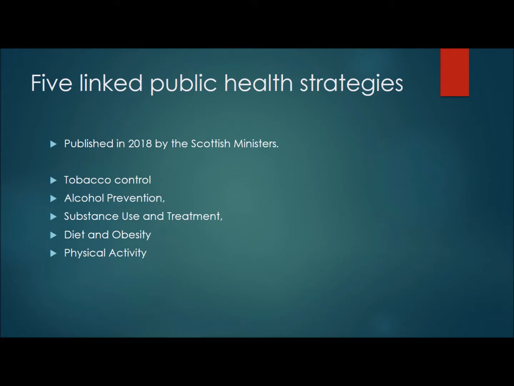Now, any government has public health strategies in place. These are large national programmes, sometimes international, depending on where we're talking about. And they are set out at a government level with high budgets to try and target the issues that are causing particular problems for that nation.